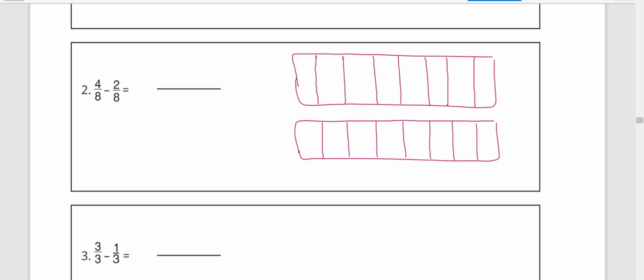First fraction 4/8, so shade 4 parts in the first model, and shade 2 parts in the second model.